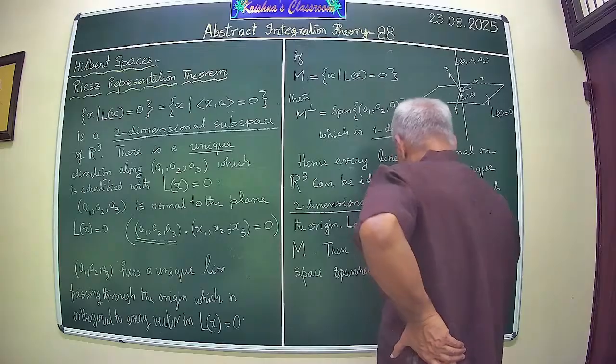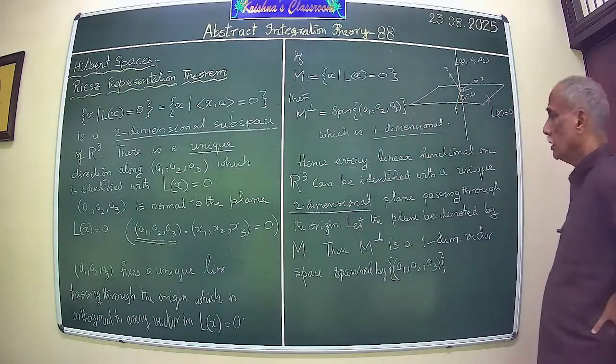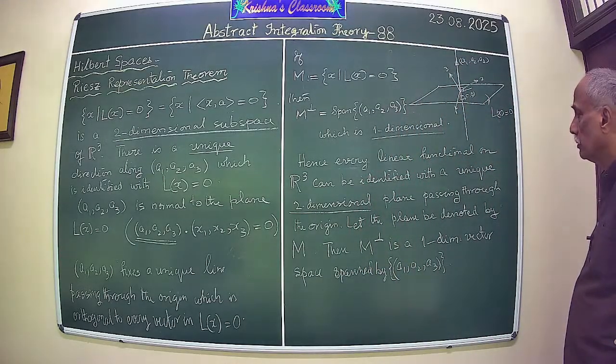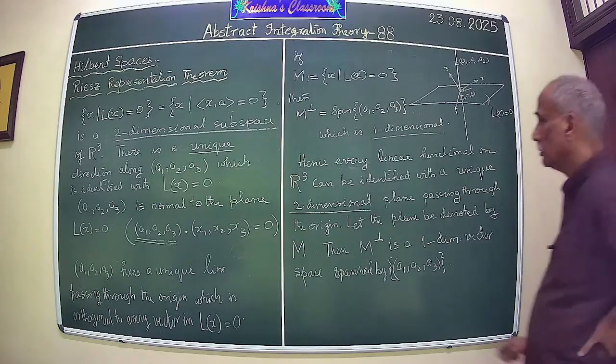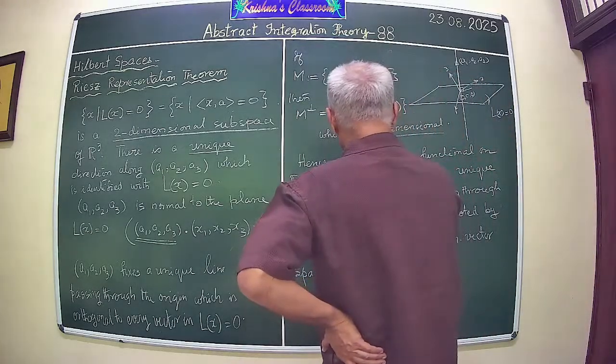This is not equal to 0 because we are assuming every functional is non-trivial.